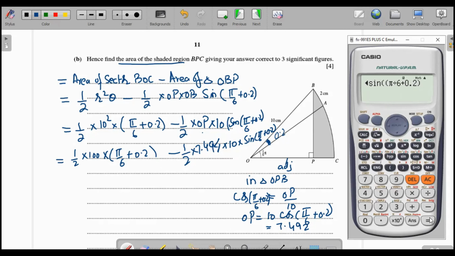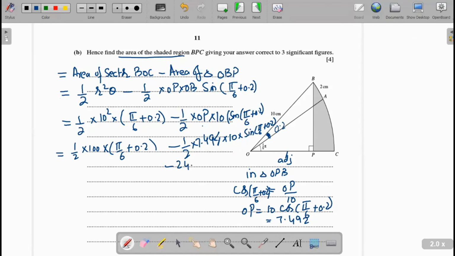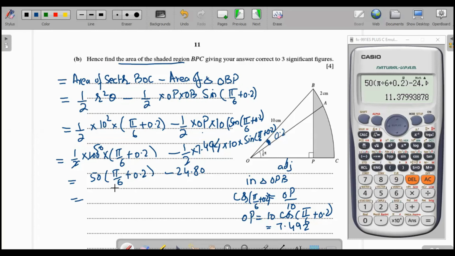Here we get the answer 24.80. Now we calculate this: 50 multiply pi over 6 plus 0.2. Now 50 into pi over 6 plus 0.2 minus 24.80.